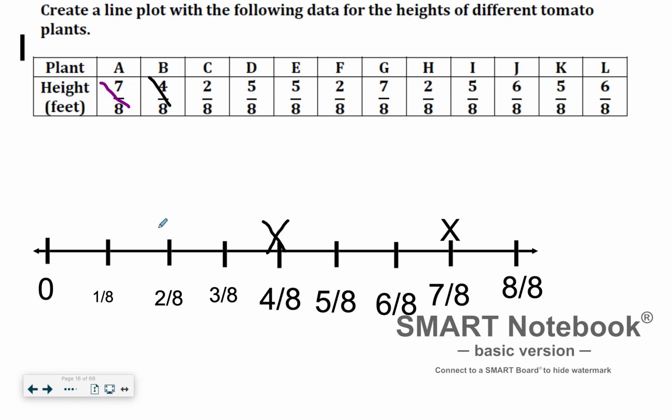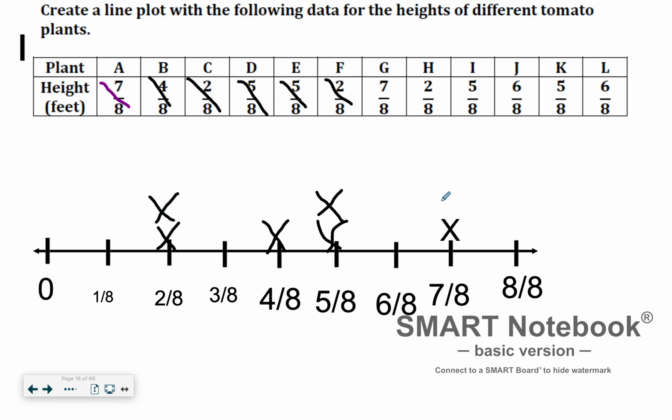C is 2/8 feet. D is 5/8 feet. Oh, that was a bad X. E is also 5/8 feet. F is 2/8. So you just stack them up.